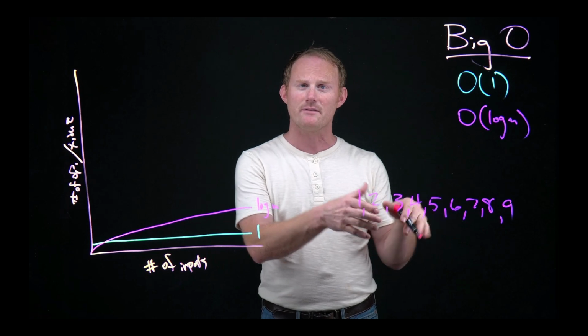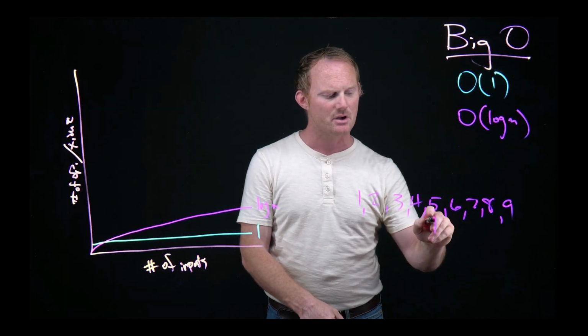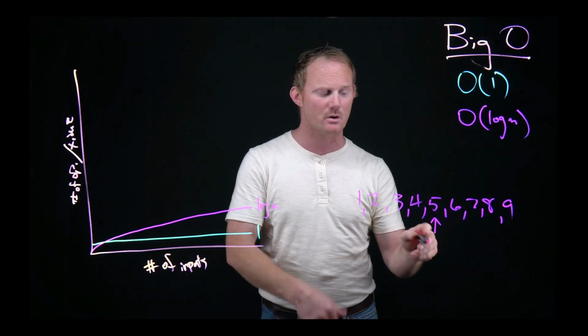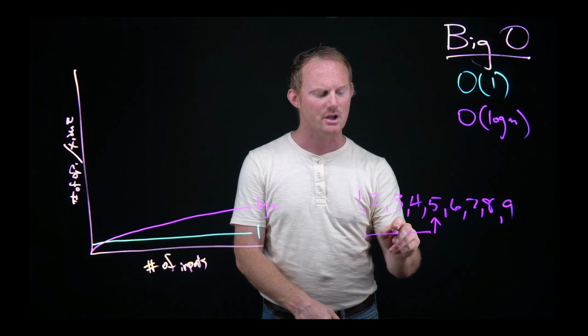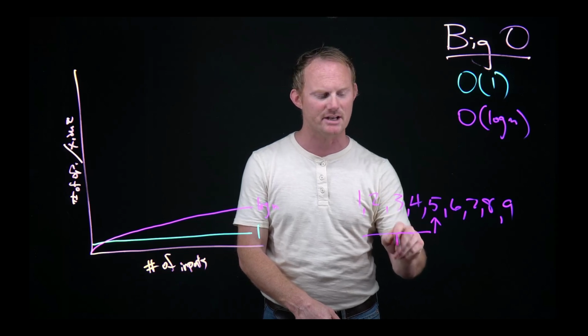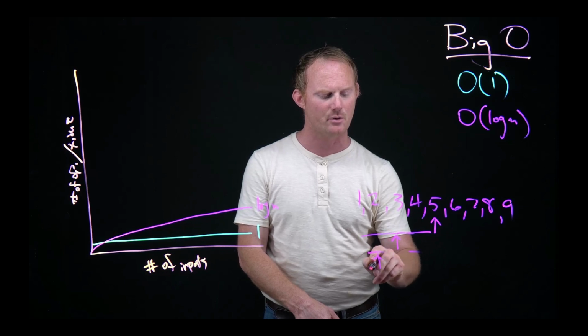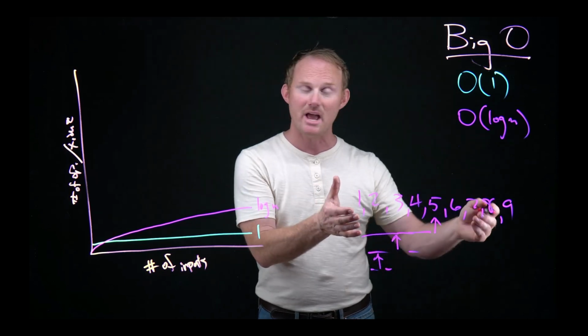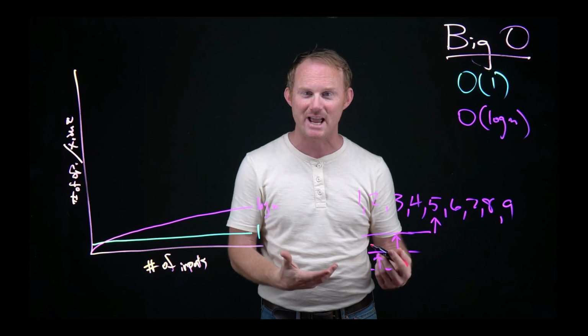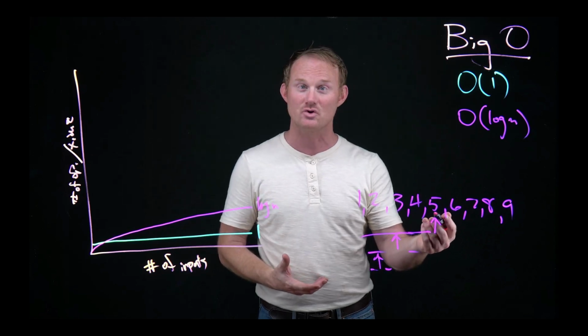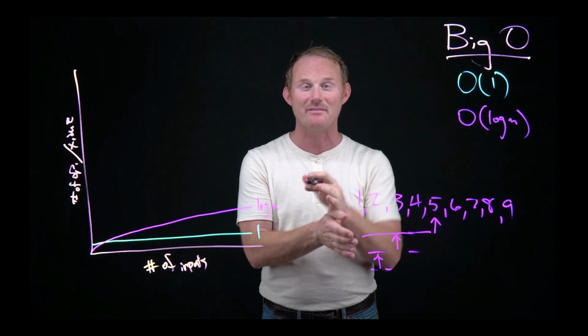If you were looking for a number in this sorted list, you could start at the middle number. Is it bigger or smaller? And if it's smaller, you only have to deal with half the list. So from here, you do the same thing. You'd end up with half the list. From here, you'd end up with half the list. So a list of 9 elements can never take more than four tries because you split it in half every time.